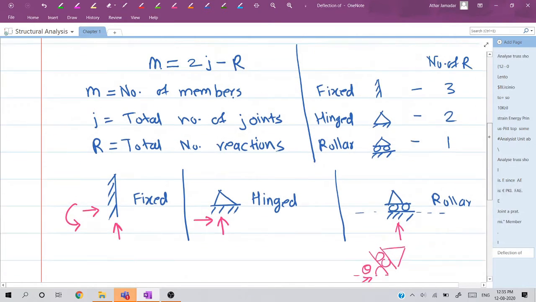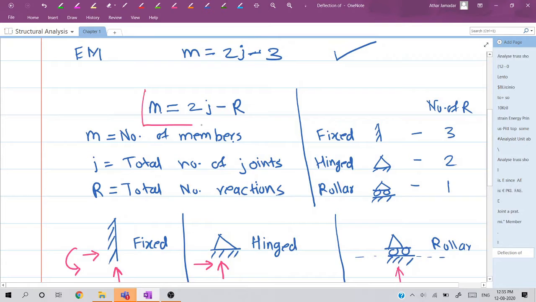I have revised this because in the formula m is equal to 2j minus r, we have to put in r as the number of reactions acting in the entire given structure. If this equation is satisfied, then and only then is your truss known as a perfect truss, or a determinate truss.